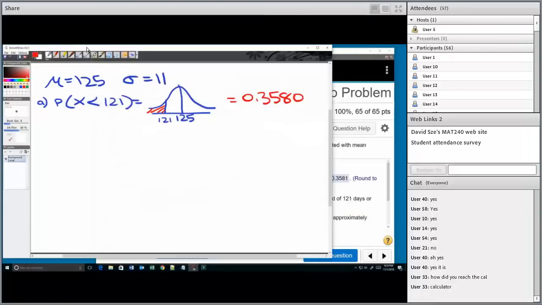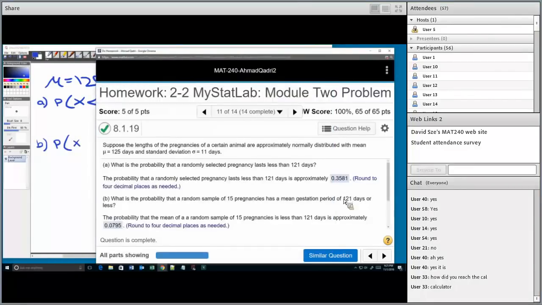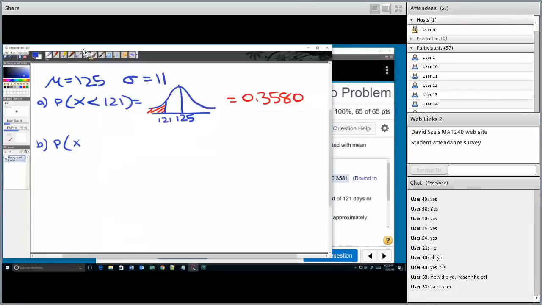So in other words, what they're now asking is what is the probability that your, and I'm going to call this, so remember the X bar distribution? So I'm going to call this X bar.